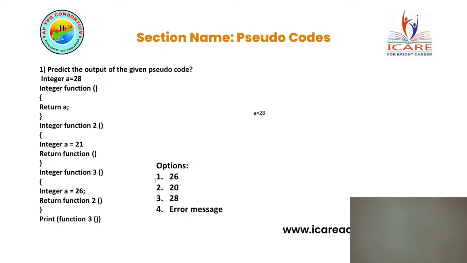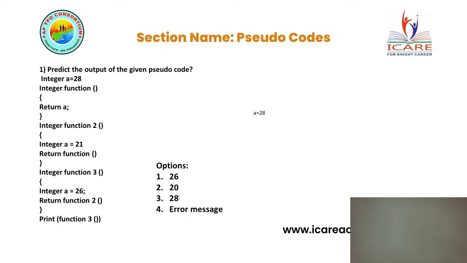After that here we have called the print function 3 in the last statement. As we all know, print statement is nothing but used to display the value or any statement. So within the print function they have given function 3, and we are calling it.